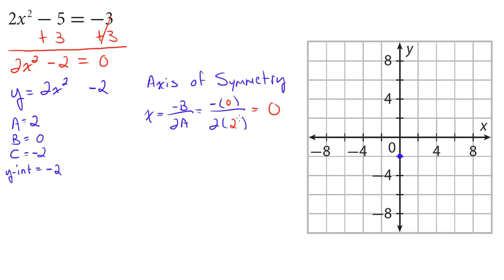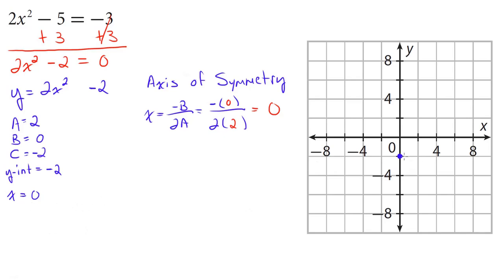If you're solving a quadratic function and the b value is 0, that means the axis of symmetry is also going to be 0. So whenever your b value is 0, the axis of symmetry, or the x value of your vertex, is 0. And so in this case, our axis of symmetry is the y-axis. And so what is the vertex?